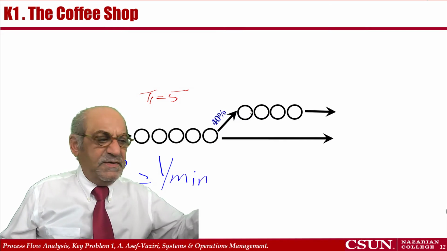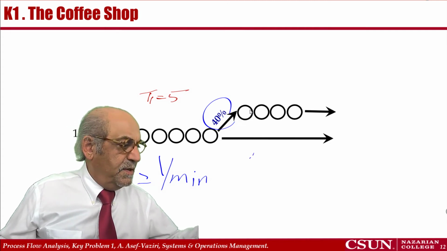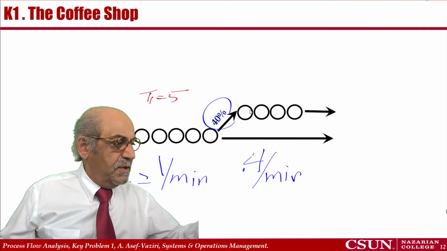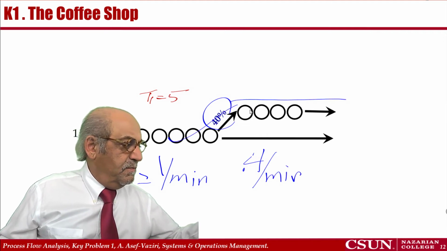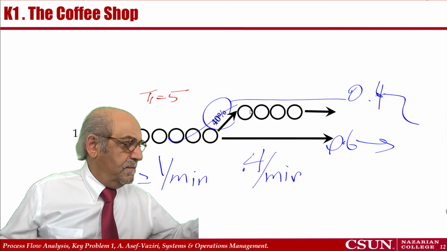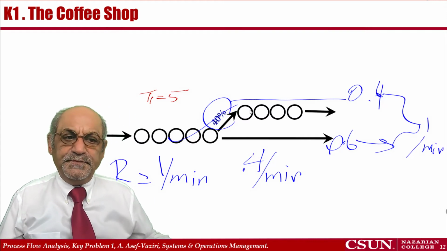But 40% of it goes this way. Therefore, 40% of 1 is 0.4. 0.4 per minute goes through this line. 0.6 per minute goes out. 1 per minute will leave.